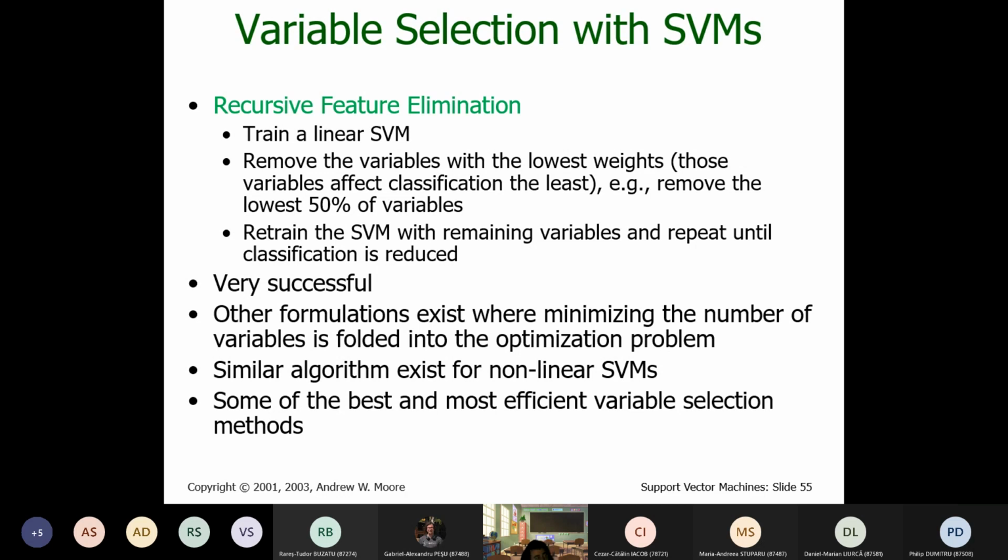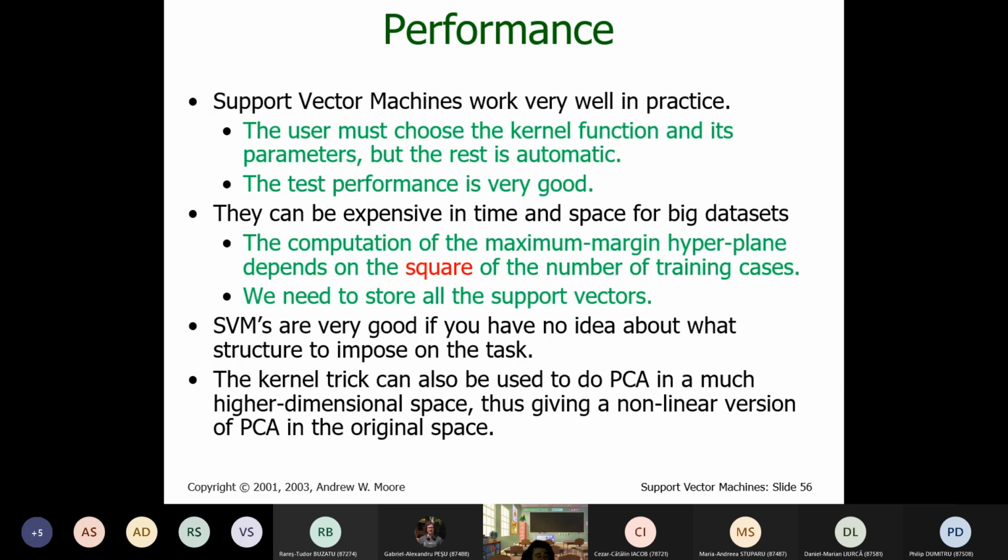We will also see in my next lecture PCA, which is a different alternative for variable selection. In terms of performance, SVM worked well in practice.